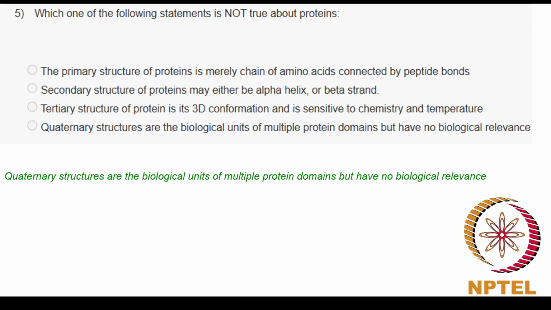When we say primary structure, it's like a 1D structure. Different amino acids are there which are connected by peptide bonds. When we say secondary structure, it's like a 2D structure.